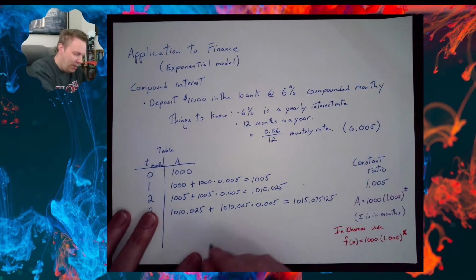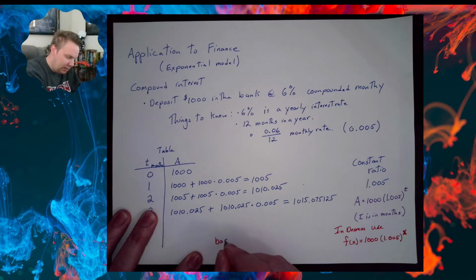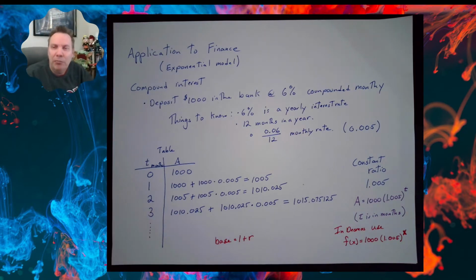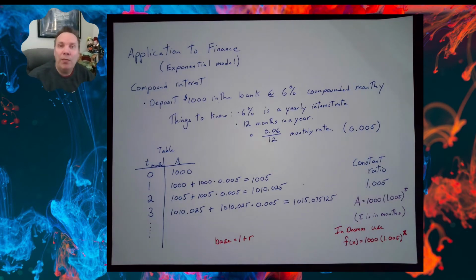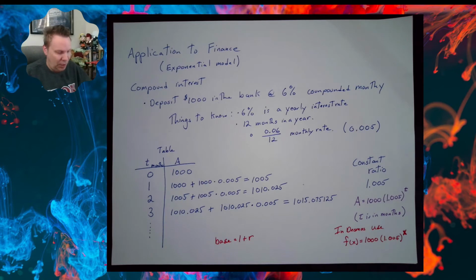So the base for these things is going to be 1 plus the monthly rate, or whatever compounding rate we're dealing with. So our base is going to be 1.005.